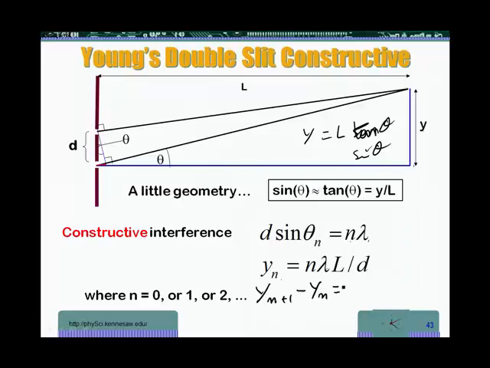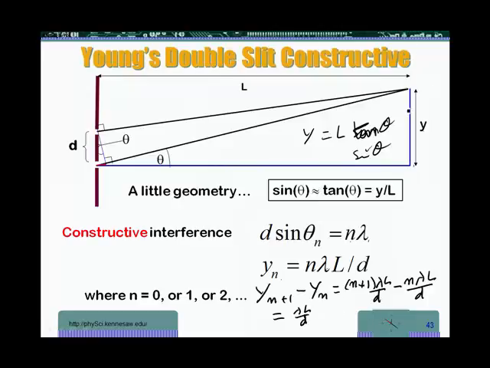The way I'll find it, I write the equation for n plus 1, n plus 1 lambda L over D, minus the equation for that term being just n, lambda L over D. If I complete the operation, all I will get is lambda L over D. And that's a very interesting equation because it does not depend on n.